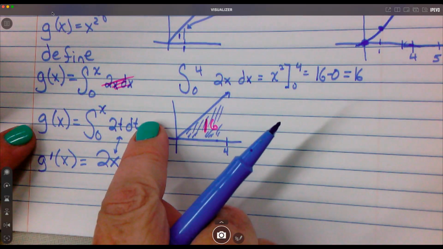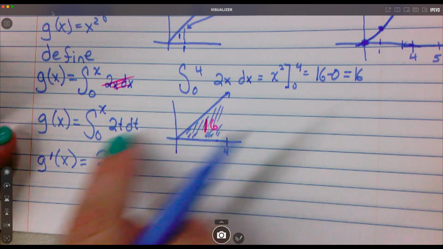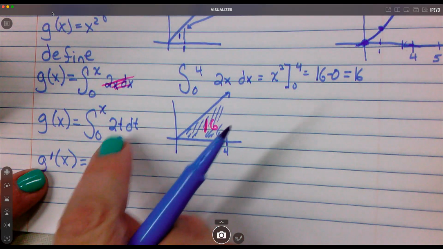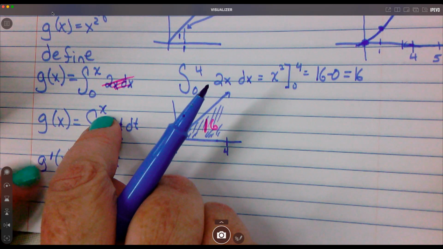So in an integral defined function, the derivative of the function is the integrand with the function's variable.